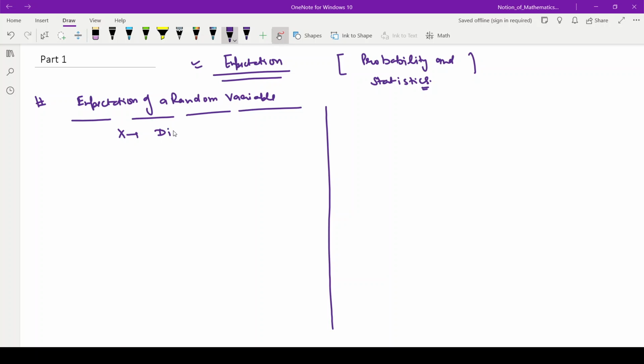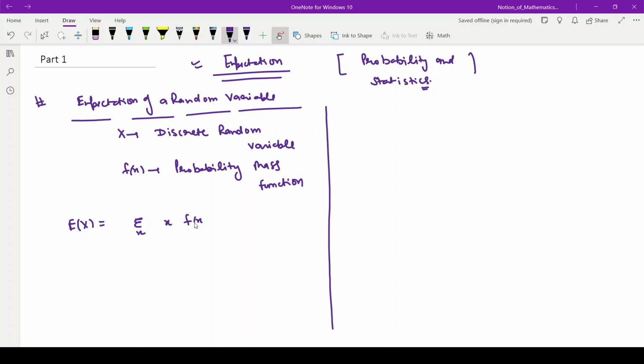First, X is a discrete random variable and f of x is the probability mass function. So how to calculate the expectation of X here? That is summation of x into f(x). So this is all about the expectation for a discrete random variable, where f(x) is the probability mass function.